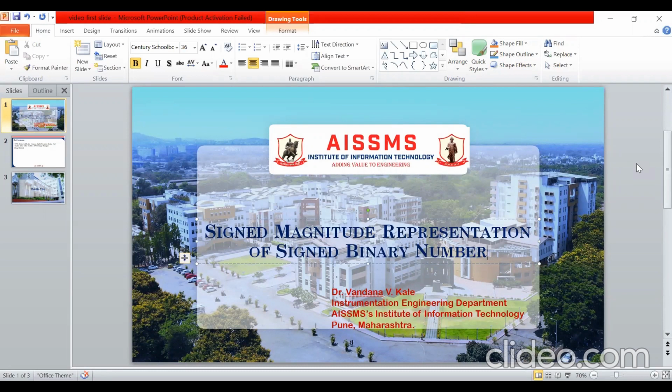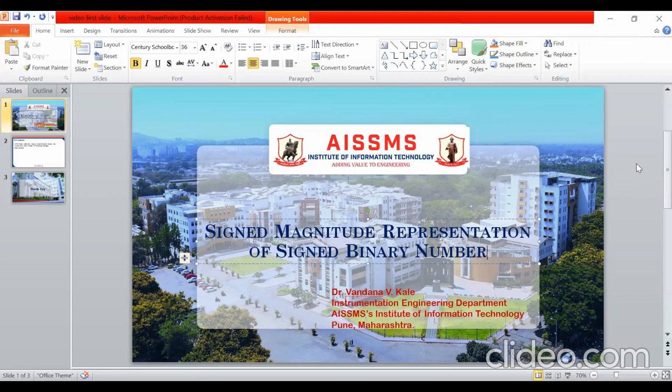In this session, we are going to see signed magnitude representation of binary numbers. All of us are familiar with the decimal number system, in which if we want to represent a negative decimal number, let's say -15, we prefix the negative sign to the number 15.